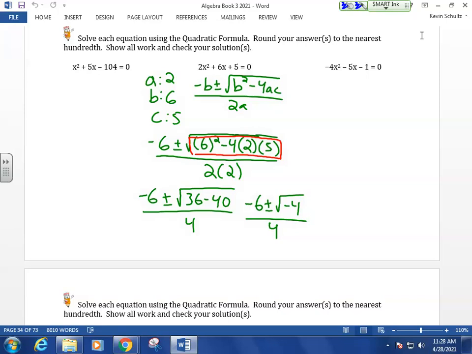Exactly. b squared minus 4ac being the discriminant, if that equals a negative number, the reason why it works if there are no x-intercepts is because then we are expected to take the root of that negative number, which can't be done. So the discriminant being negative, the reason why we didn't care what the number was, only the sign, is because it doesn't matter what the number is. If it's negative, you can't go any further because you can't take the root of that.